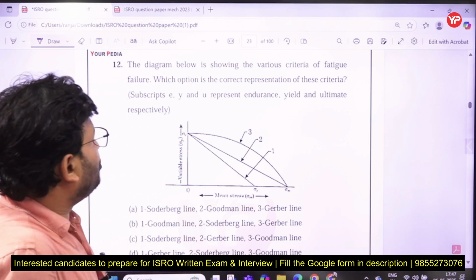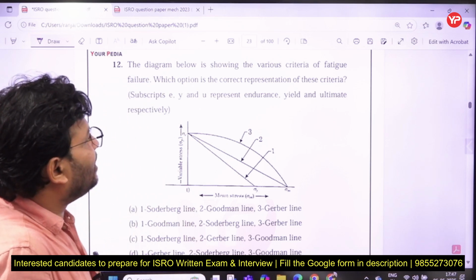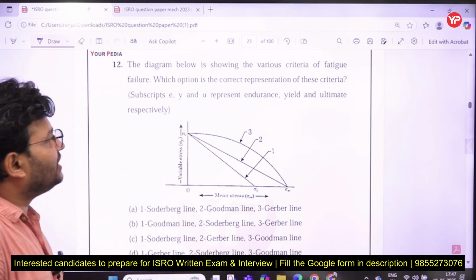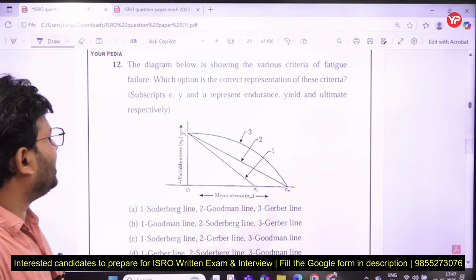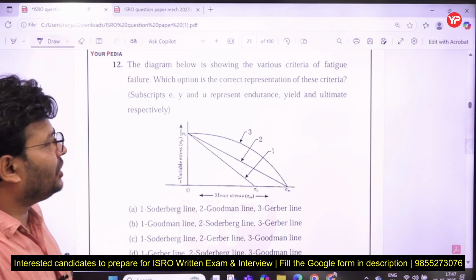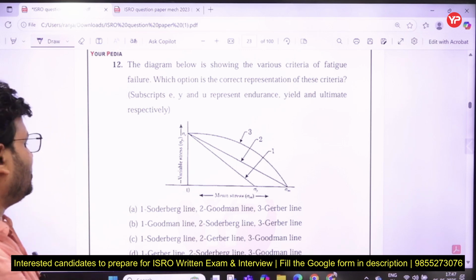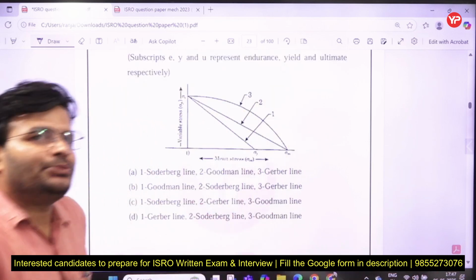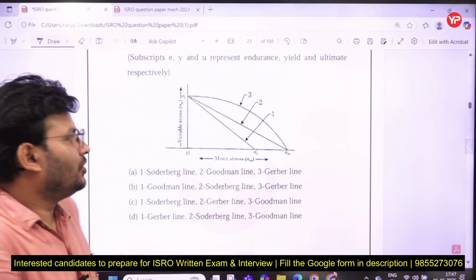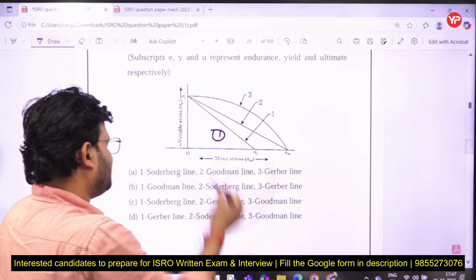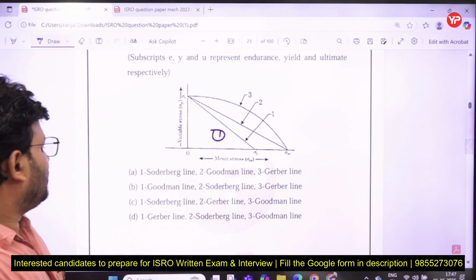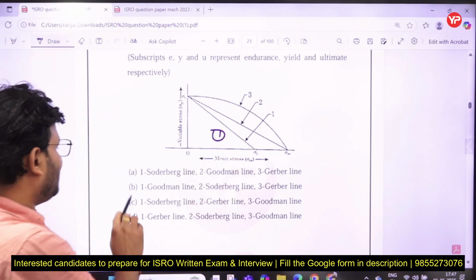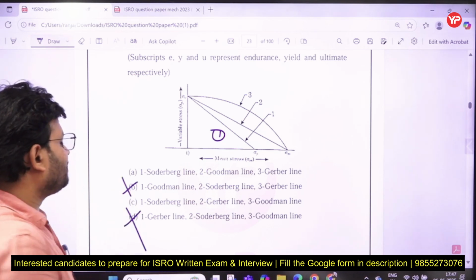The diagram below shows the various criteria for a fatigue failure. Which option is the correct representation of these criteria? Subscripts E, Y, U represent endurance, yield, and ultimate, and the values are given there. My dear friends, the most conservative theory is known as the Soderberg theory. So line 1 will always be Soderberg, so answers B and D can't be correct.